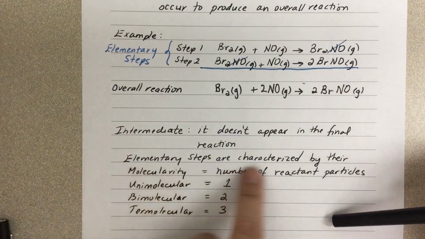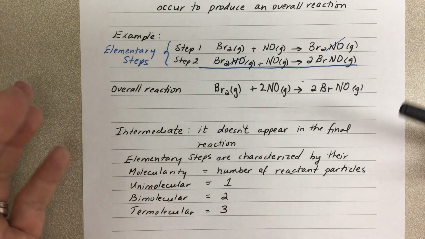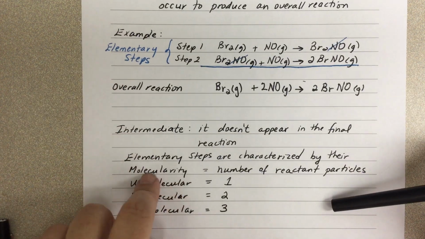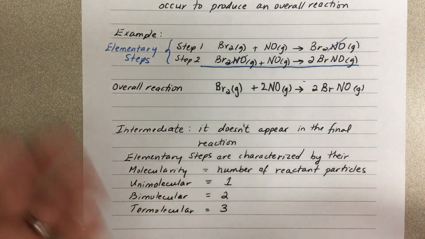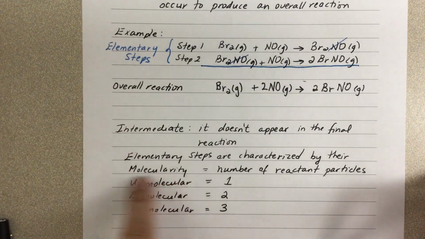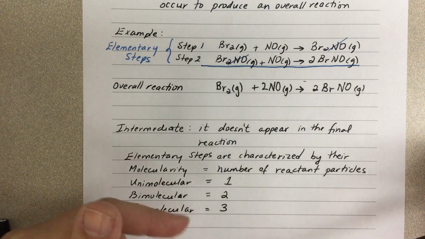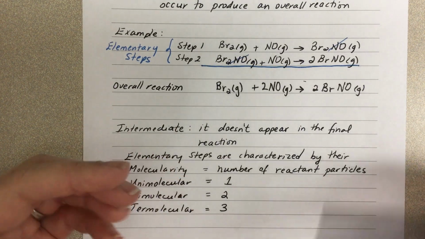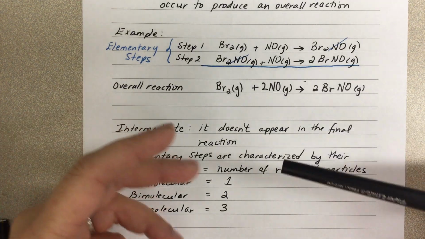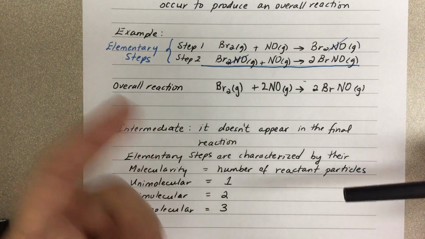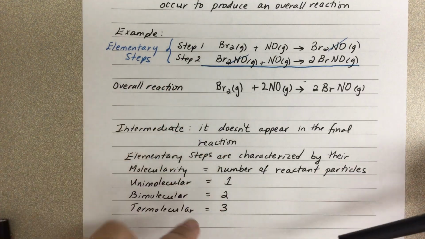Now, we can describe any elementary step by looking at the molecularity, which is just telling you how many particles you have reacting in each step. When you're determining the molecularity, you're looking at one specific step. You're not determining the molecularity for 2 steps combined or 3 steps combined. It's for each individual step.